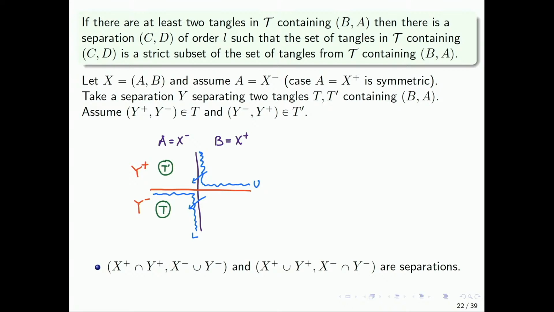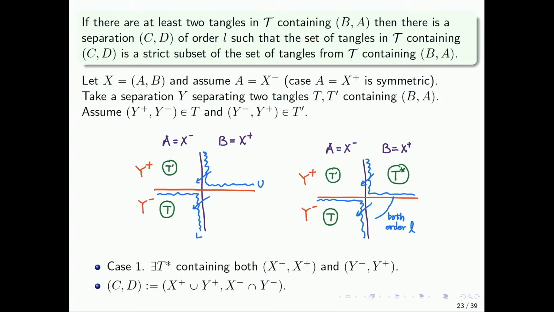I just remind you that only these two separations can be a separation, right? So we have to use these two separations. There are two cases, where there is some tangle corresponding to this part. In this case, what we know by the submodular property is that these two orders are exactly L and L, right?